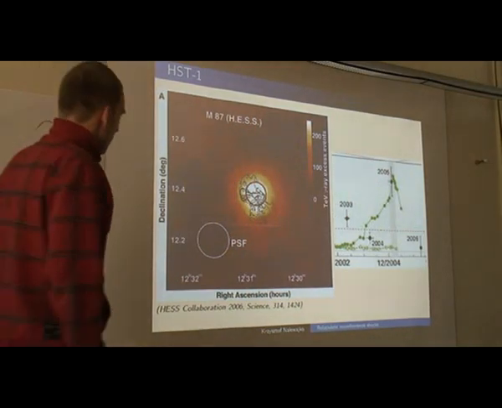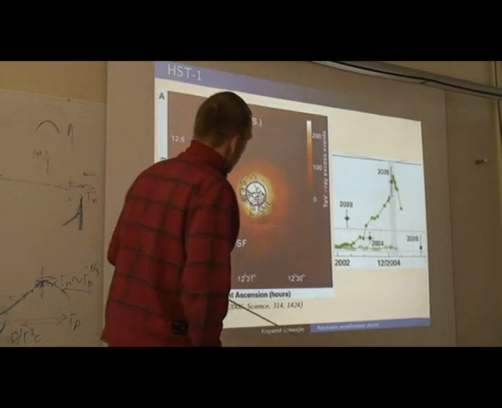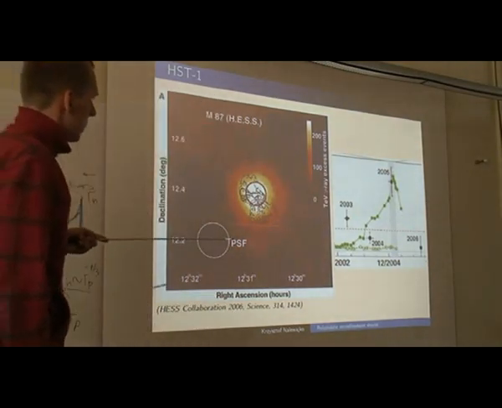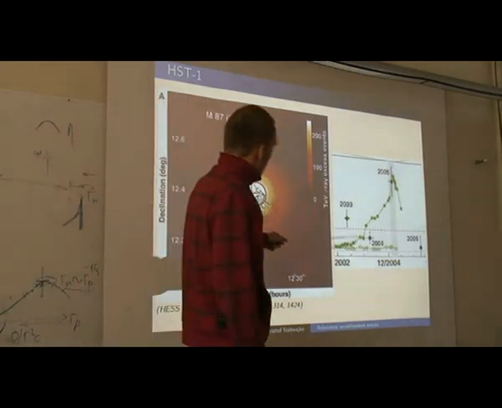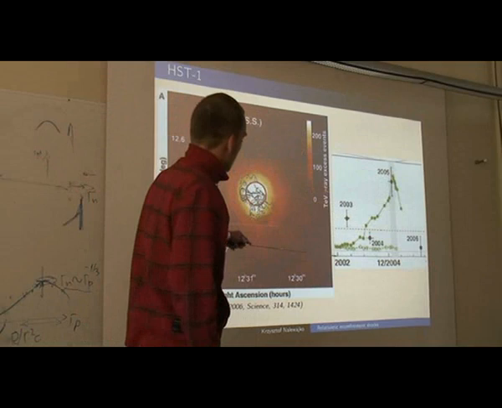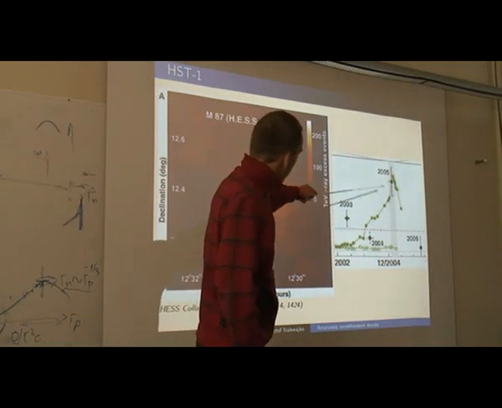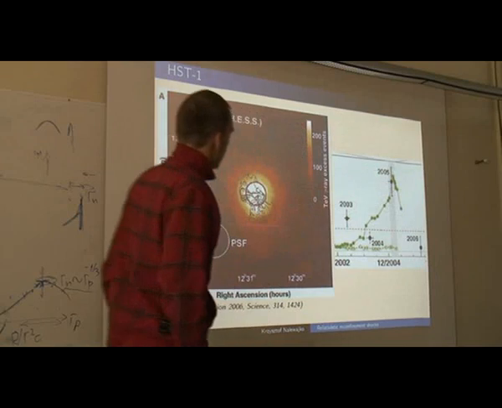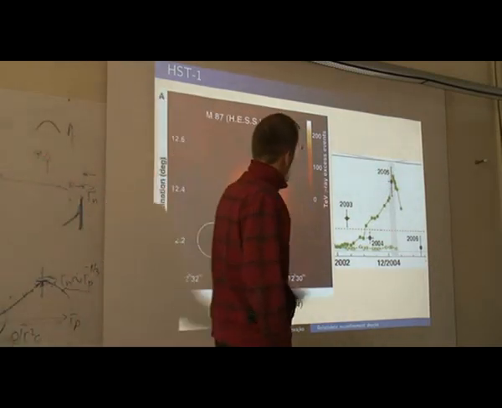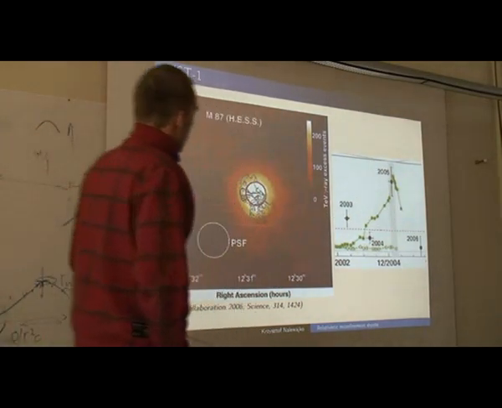And what is interesting, but maybe not very statistically significant by itself, is that during the maximum of the flare, here the green curve is the Chandra data, the TeV flux was much higher than in other years.